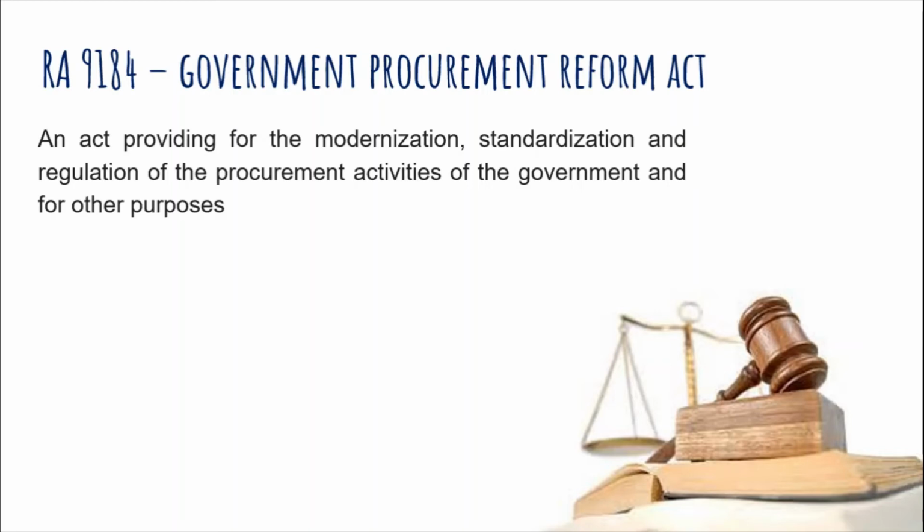So all procurement of the national government, departments, bureaus, offices, agencies, including state universities and colleges, GOCCs, Government Financial Institutions, and LGUs, are all governed by this principle. You can get a copy of RA 9184 on the Official Gazette website.